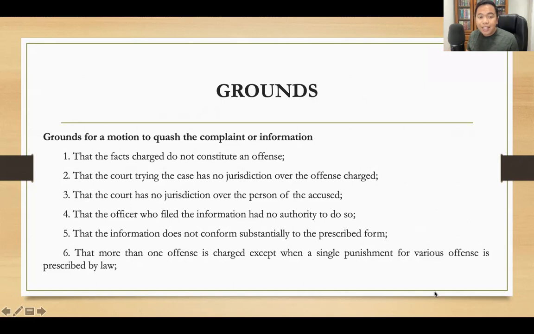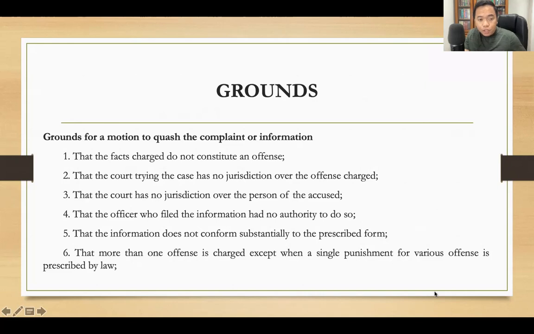So if the court has not acquired jurisdiction over the person of the accused, say for example, there was an invalid arrest, then the court will not acquire jurisdiction over the person of the accused, and the accused can file a motion to question the jurisdiction over his person.